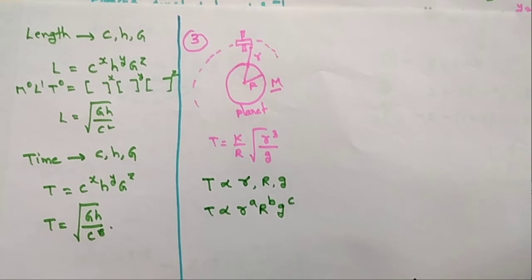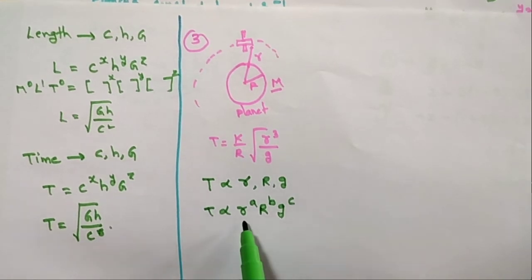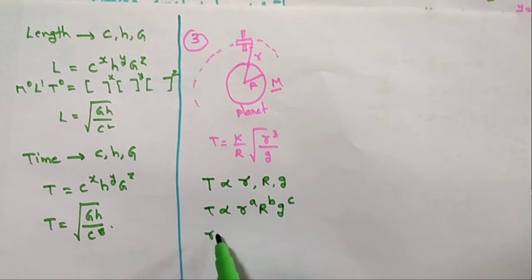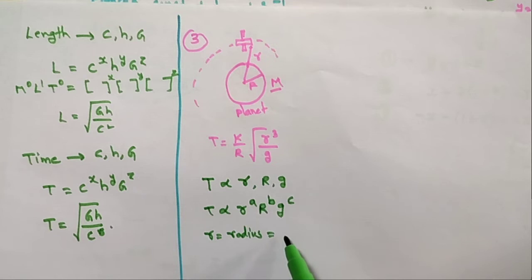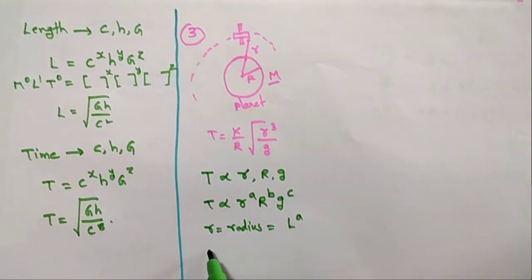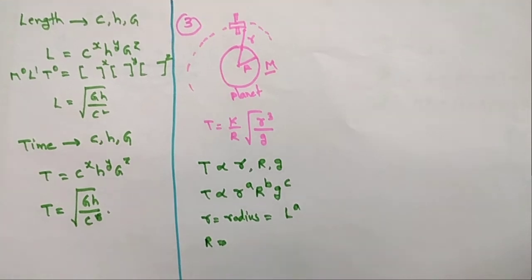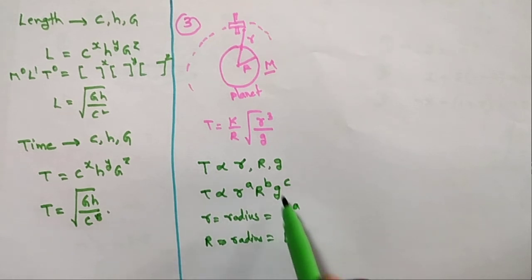Here r is the radius of the orbit, equal to a length, so L power a. And capital R is also a radius, the radius of the earth, so here also L power b. And g is the acceleration due to gravity.